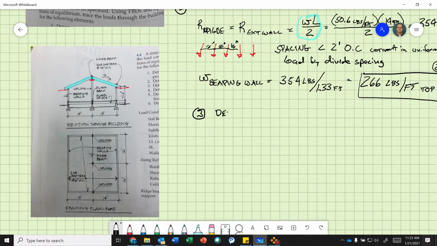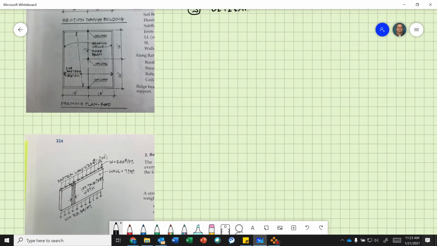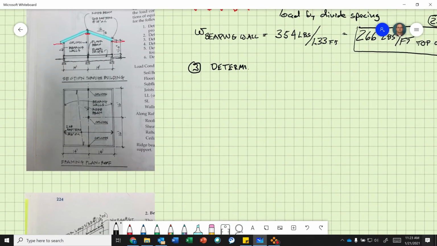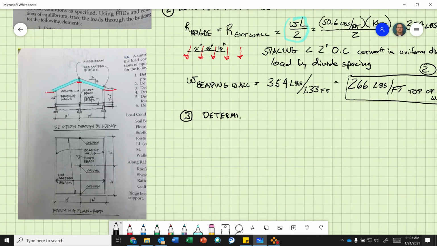Determine load on ridge beam. So sometimes I'll be going back and forth to these diagrams here. Okay, all right.